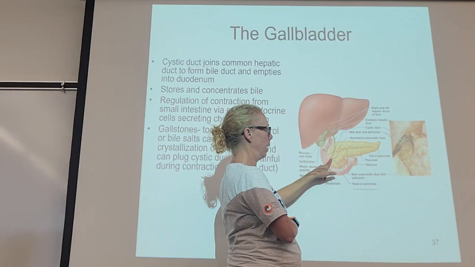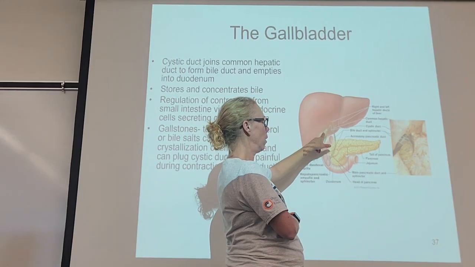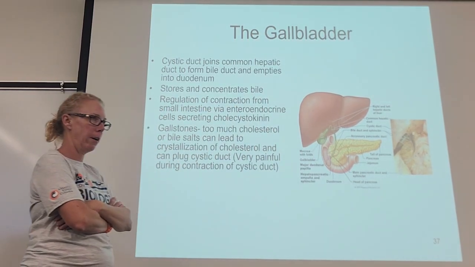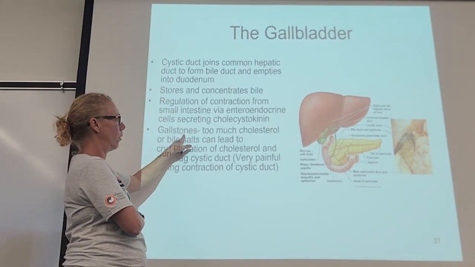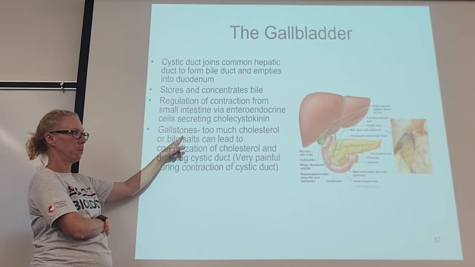The common bile duct. If you get gallstones, it can block the cystic duct, which can prevent the gallbladder from secreting bile, which can make digestion uncomfortable if you don't have enough assistance. And gallstones can be very painful when you're eating.